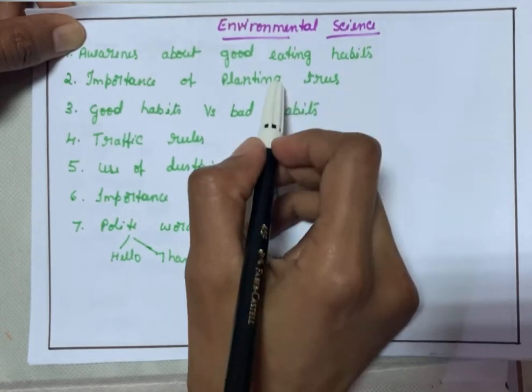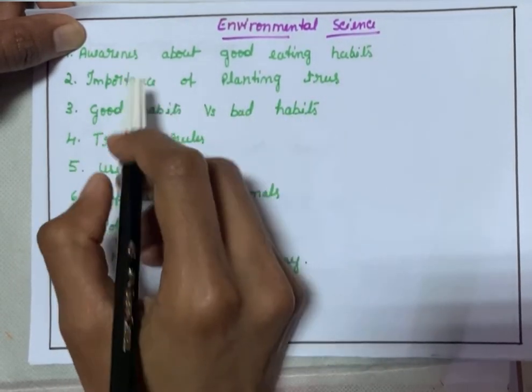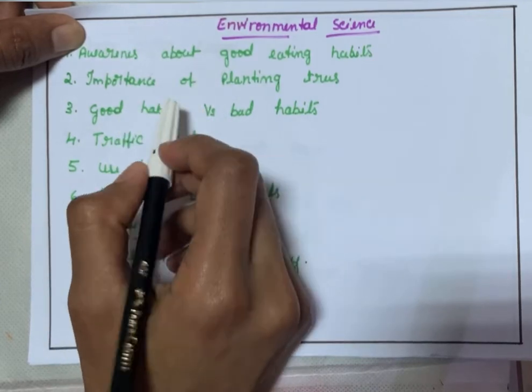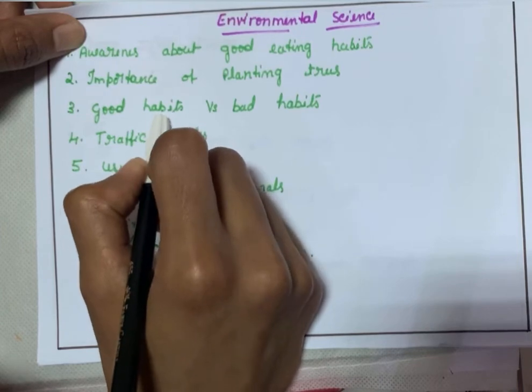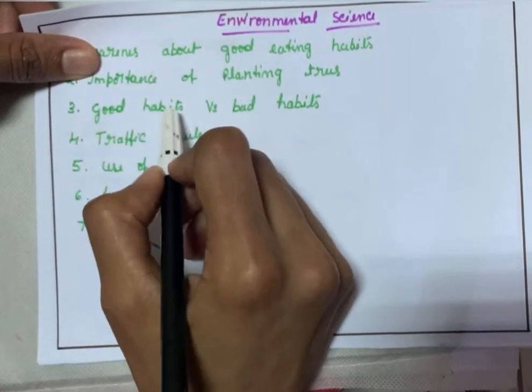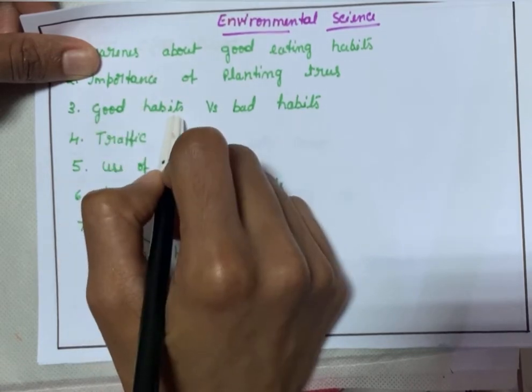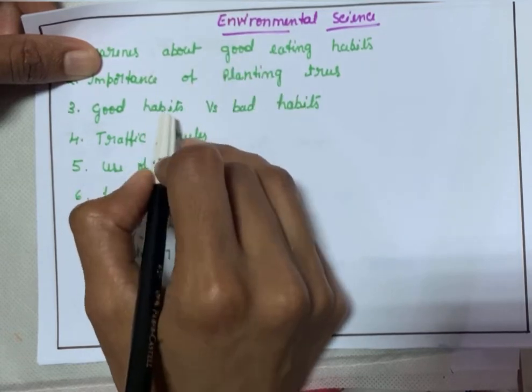All these concepts you can explain to them. Next, good habits and bad habits. Good habits like brushing our teeth twice a day, then bathing, combing our hair, then wearing clean and tidy clothes, sleeping on time, waking up on time. These are all good habits.